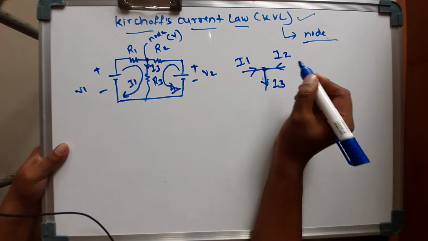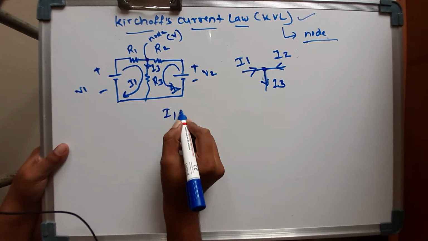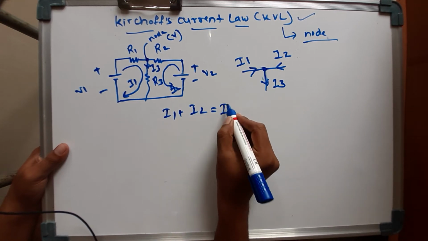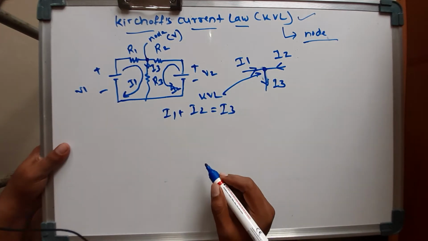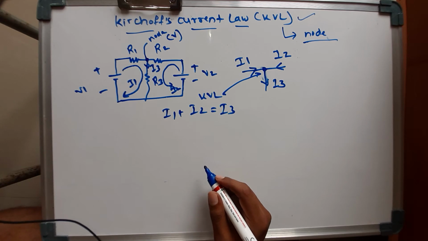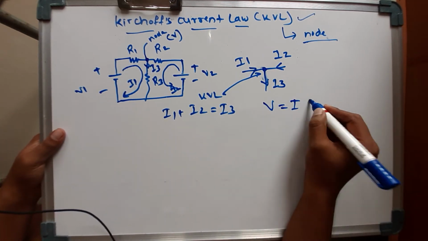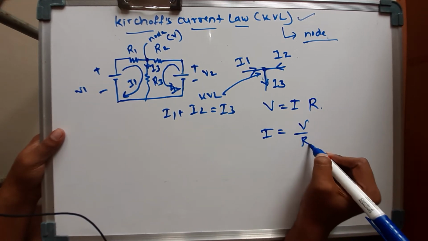So apply KCL for this node. The entering current, that is I1 plus I2, is equal to the leaving current I3. Now we already must know Ohm's law, that V equal to I into R. So I equal to V by R.